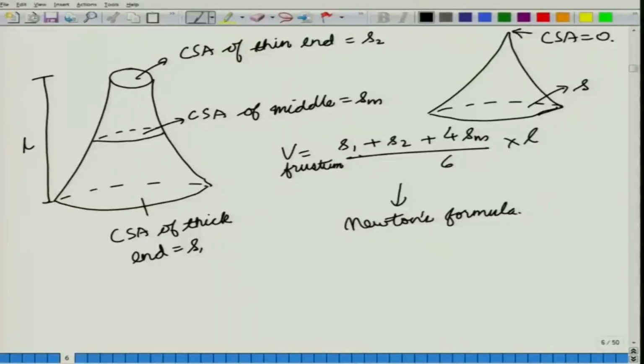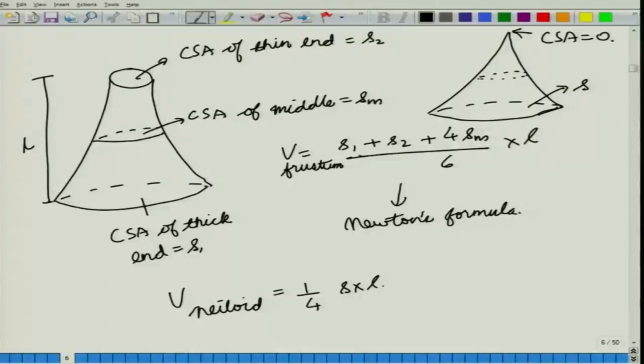In this case, around half of it, Sm will be roughly equal to half of S, and that will give the volume of the neiloid as 1 by 4 S into L. So, this is the volume of the full solid.